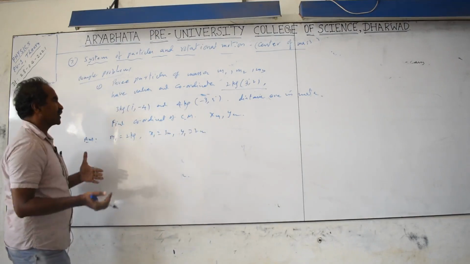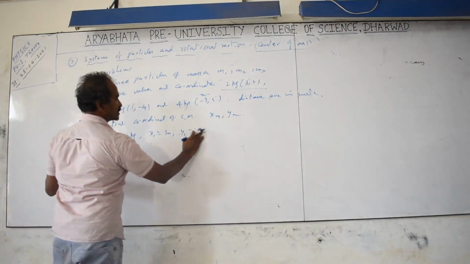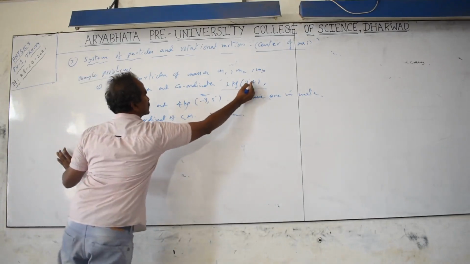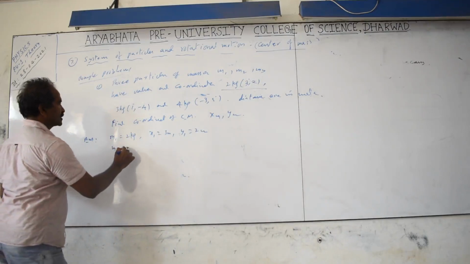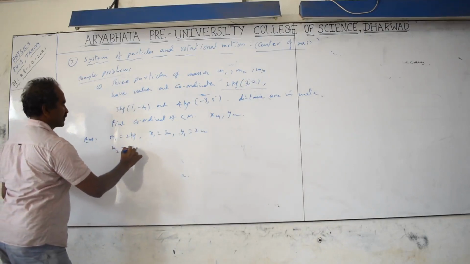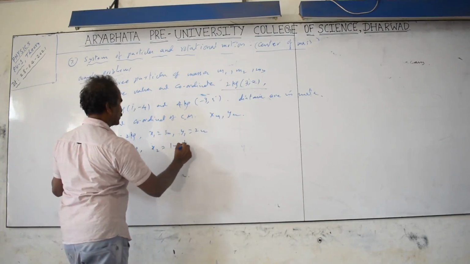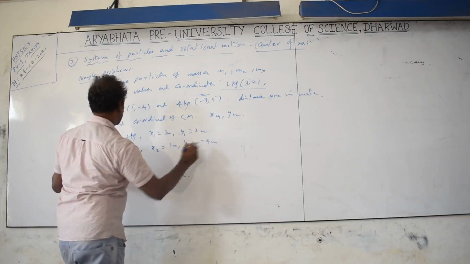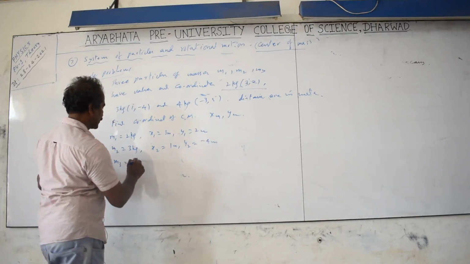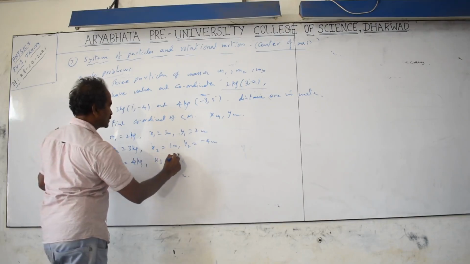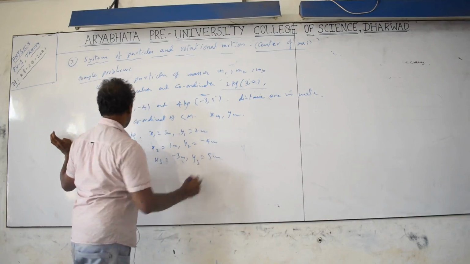Sometimes they will give you the z coordinate also, but in this problem we have only x and y coordinates. m2 is 3 kg, x2 is 1 meter and y2 is minus 4 meters. m3 is 4 kg, x3 is minus 3 meters, y3 is 5 meters.